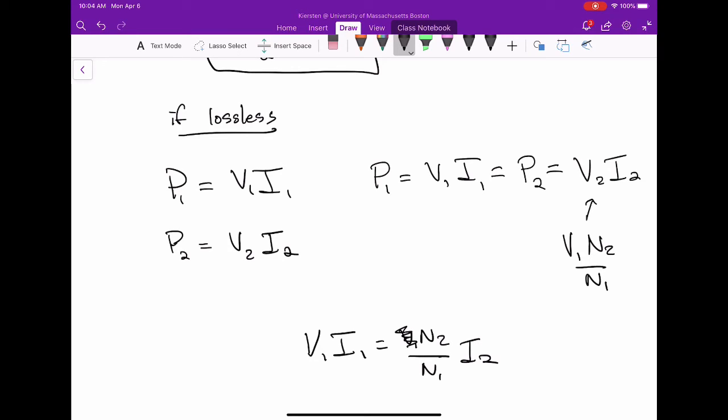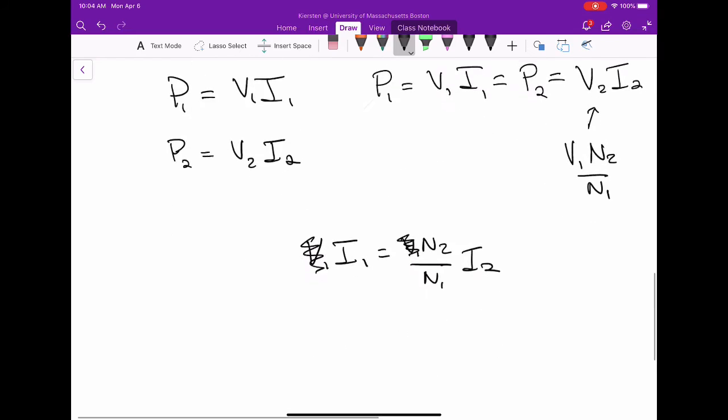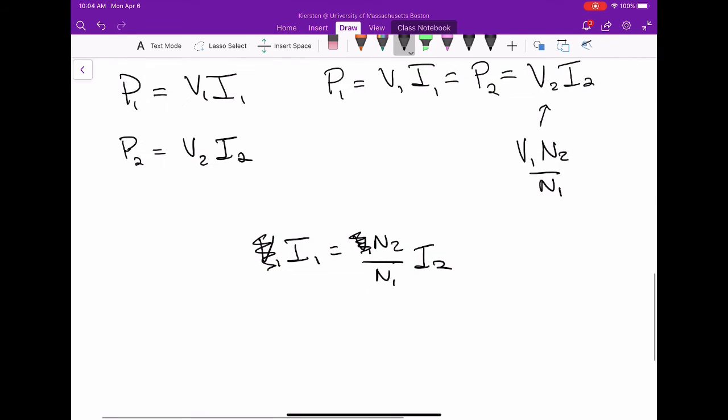Cancel out the V1s, and we see that I1 over I2 is N2 over N1. So the currents are also proportional, but they have the opposite proportionality.